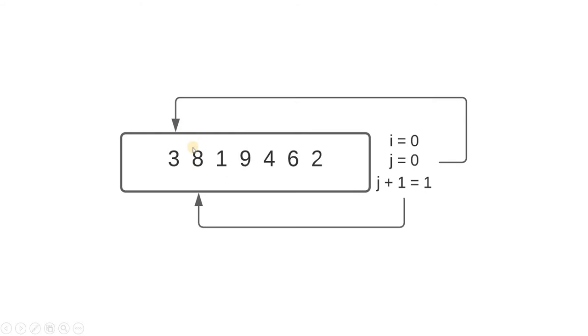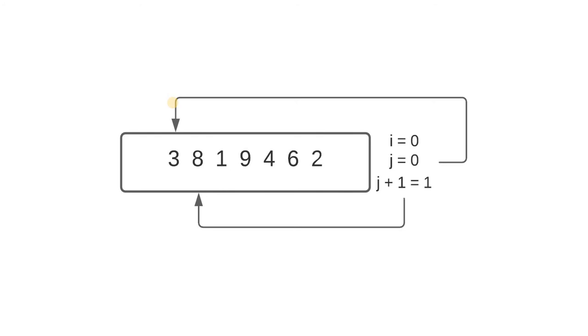So how is this relevant? Well, we want to compare these two and find out if they're sorted or not. And how do we know if they're sorted? Well, if j plus 1 is greater than j, we know that it's sorted. Or if j is smaller than j plus 1.